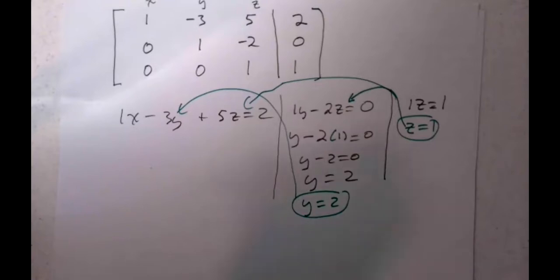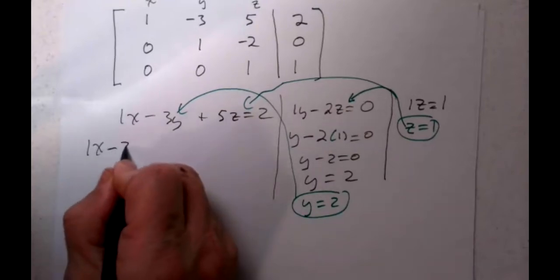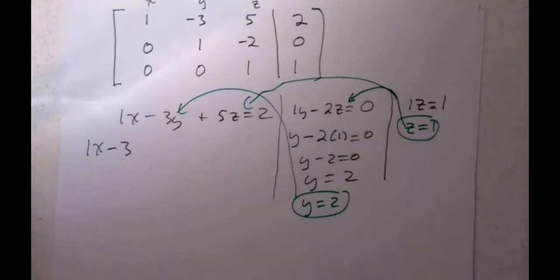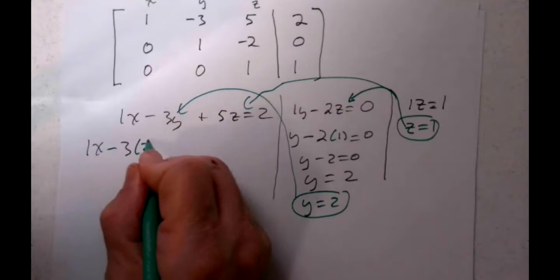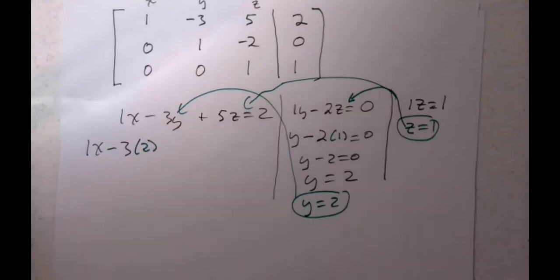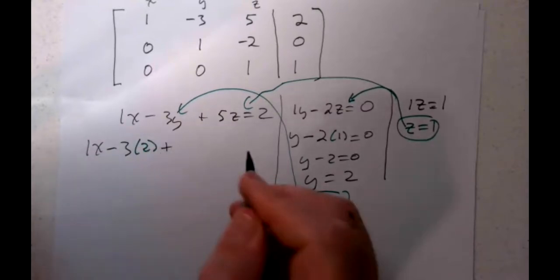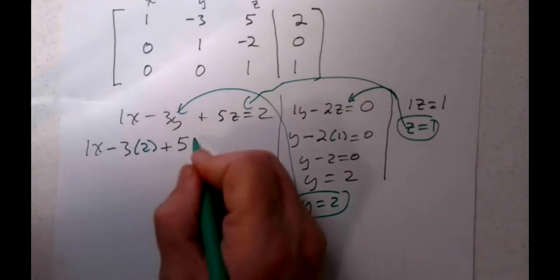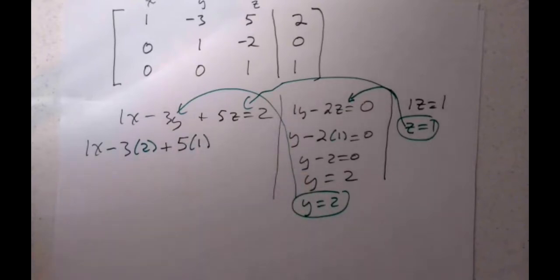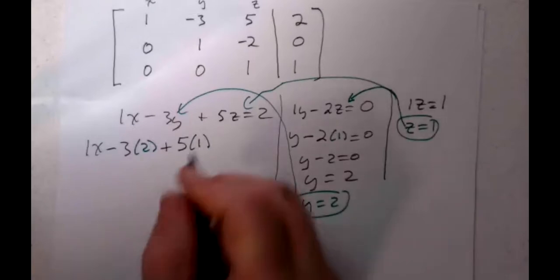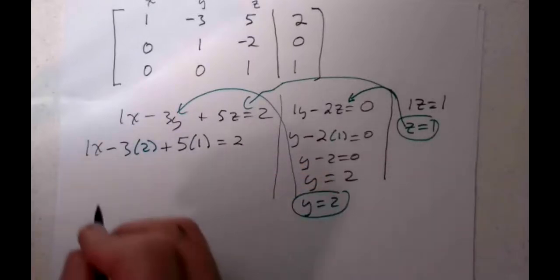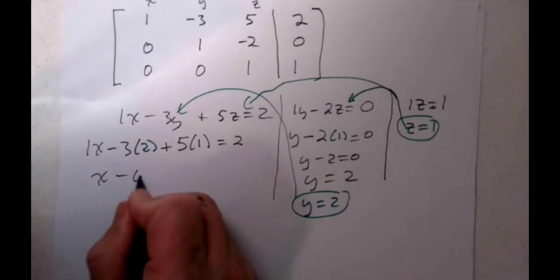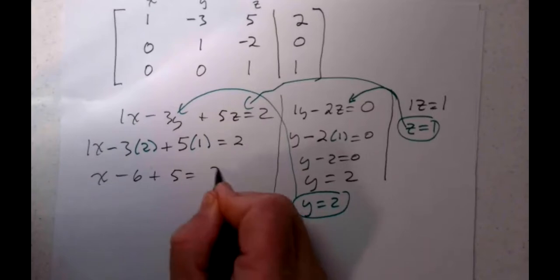So we get 1x minus 3 times y. What is y? Y is 2. Plus 5 times z. What is z? Plus 5 times 1. Equals 2. And we get x minus 6 plus 5 equals 2.